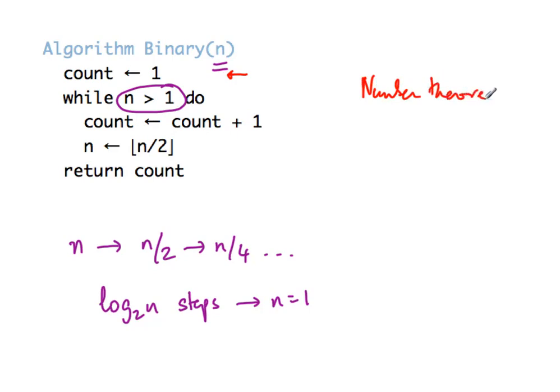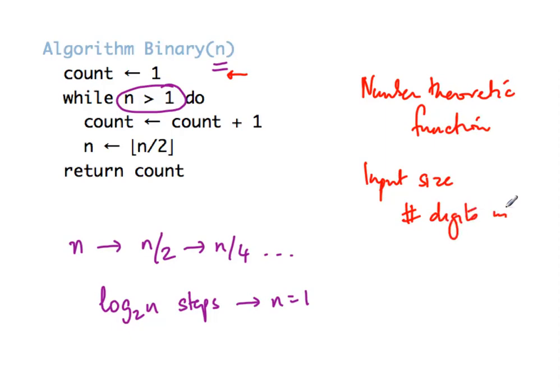If we are formally estimating complexity, the input size should be the number of digits in n. Since it's a decimal number, that is log 10 of n. But log 10 of n is a constant factor away from log 2 of n, just multiplied or divided by log 2 of 10. And so this algorithm is actually linear, but that's not the point of this exercise.